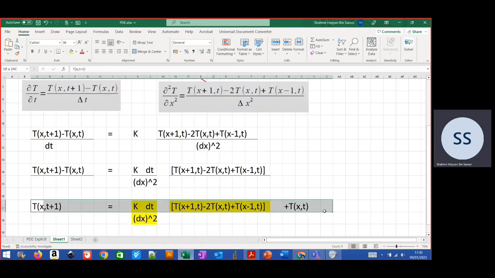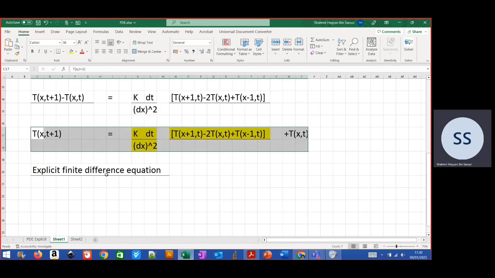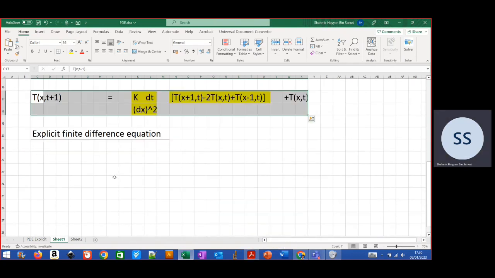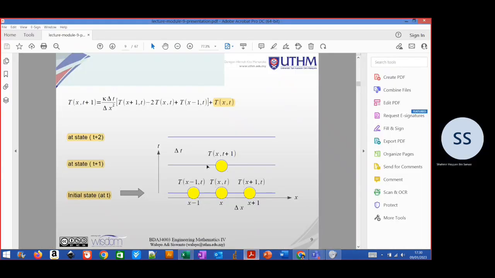So this is the explicit finite difference equation. Once you have developed this, you can come up with the computational molecule, which is basically this.